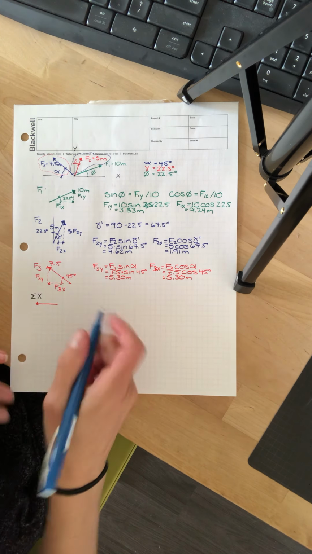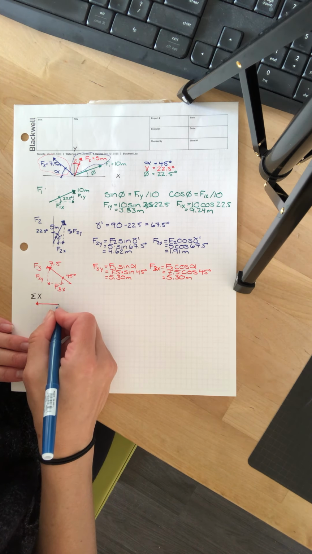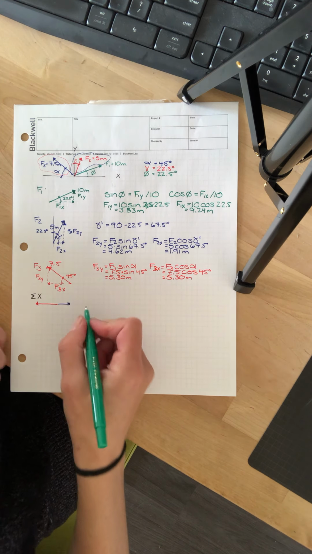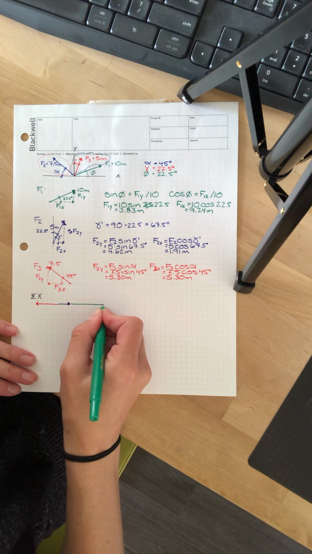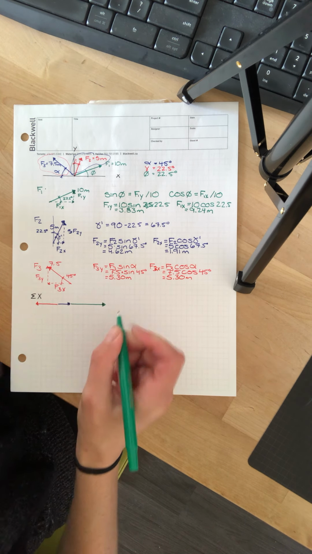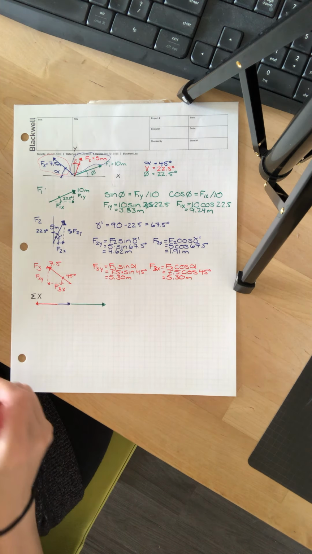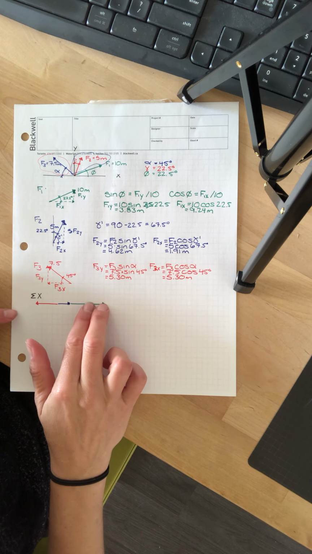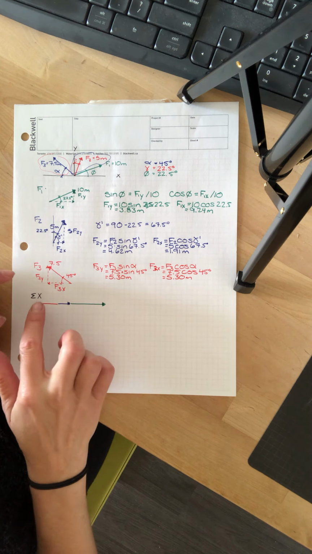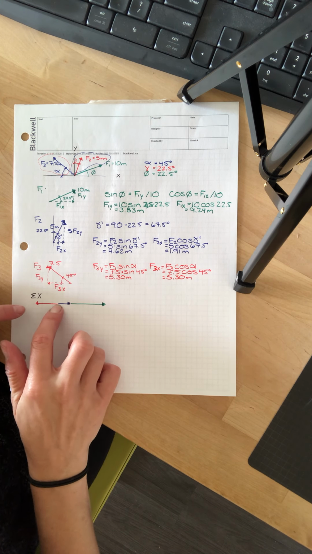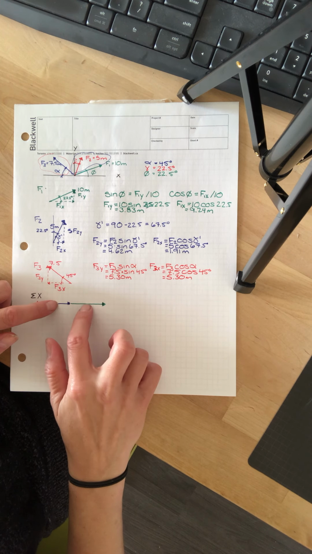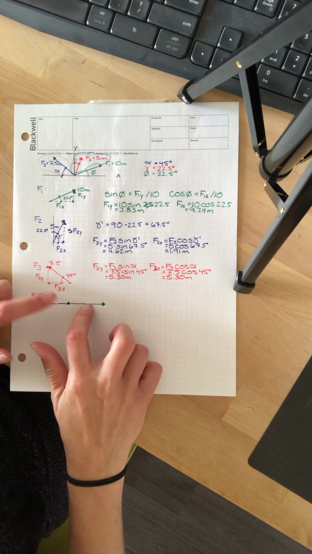Let's sum up our x's. Our F2x was relatively short, and our F1x was quite long. If we drew this over top of this, remember it's tip to tail, and this one's tail to tail. So we'd need to redraw this right here, and our resultant would be something like that.